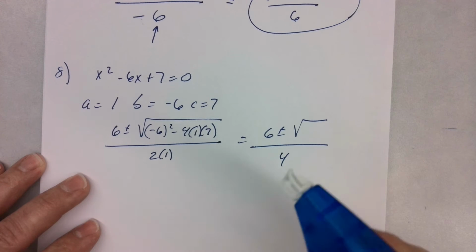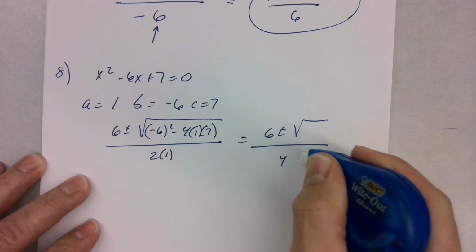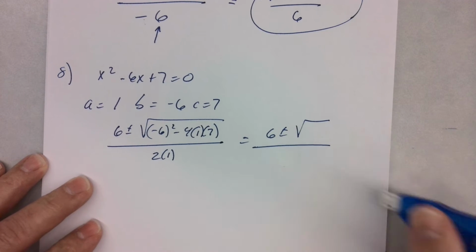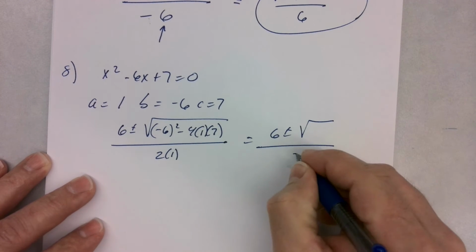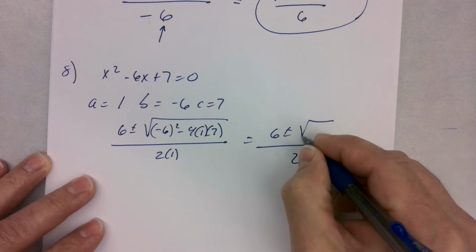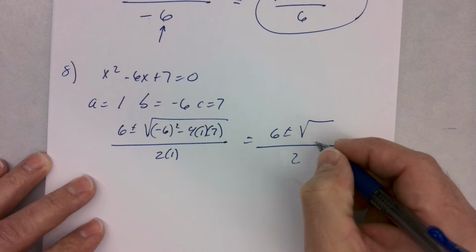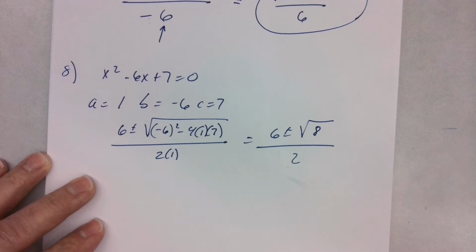Sorry, over 2. 2 times 1 is 2. Okay, what's this? 36 minus 28 is 8. Okay, so it's 8.